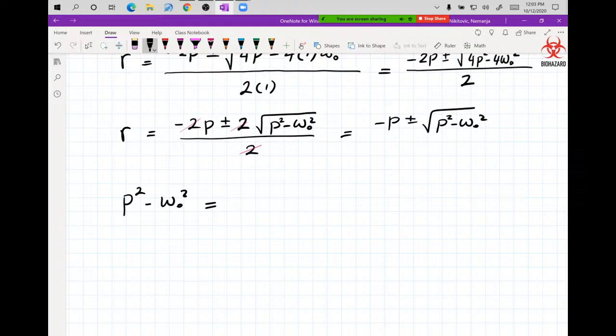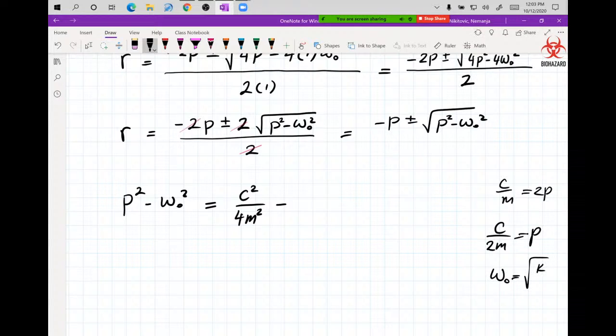So what was p? If you remember, we said that c over m was 2p. So move this 2 to the other side, and when you square both sides, it becomes c squared over 4m squared. And then minus, what did we say that omega was? It was k over m. So omega 0 was square root of k over m.